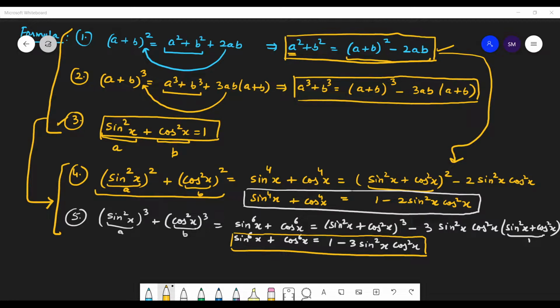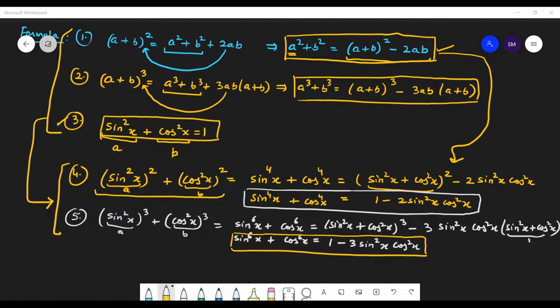Just try to find out the value of this question. I'm giving you 2 minutes. Sir, 13. Yes, 13 is the correct answer. All of you can also find it out.